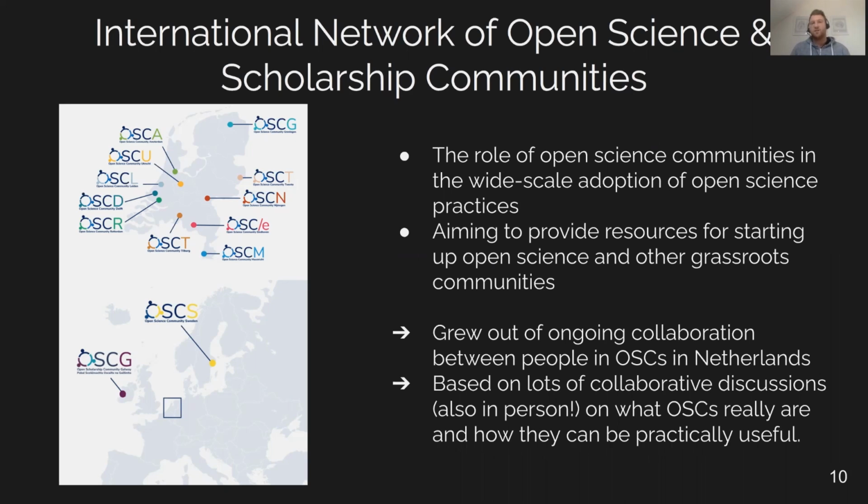We actually got together in person, quite a while back when it started, and then over time, virtually, we also chatted a lot. That ended up in a paper to describe what the role of open science communities can be in wide-scale adoption of open science practices.